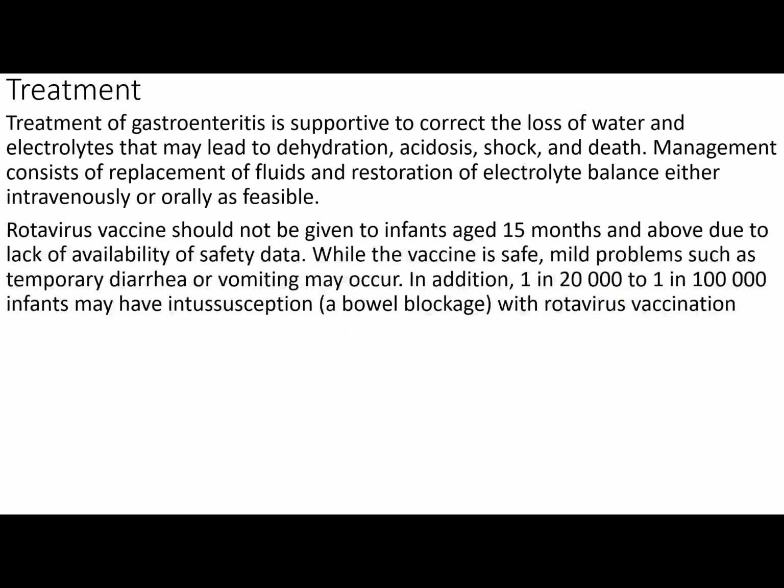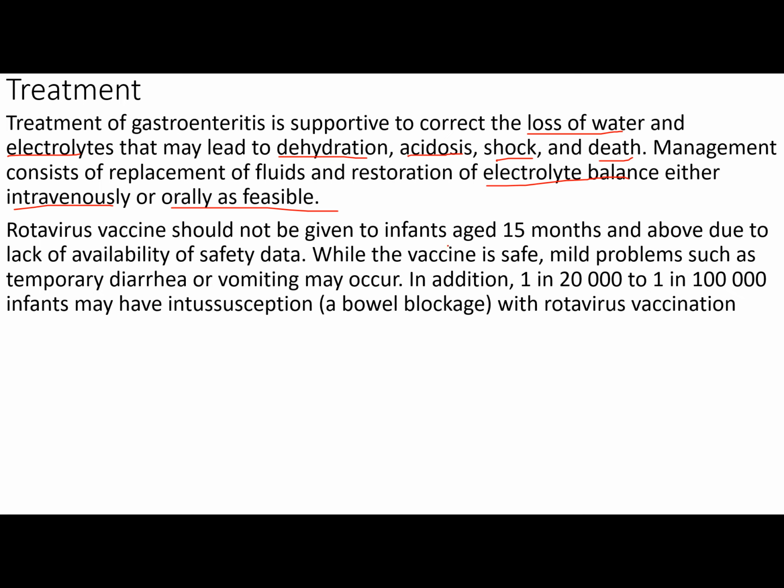You need to treat the loss of water and electrolytes that could lead to dehydration, acidosis, shock, and death. So whenever you are suffering from diarrhea, class, the first thing you need to do is to treat the lack of your electrolytes, because lack of water and electrolytes, class, could be the one that could cause death. Management would consist of replacement of fluid and restoration of electrolyte balance, either intravenously or orally as feasible.